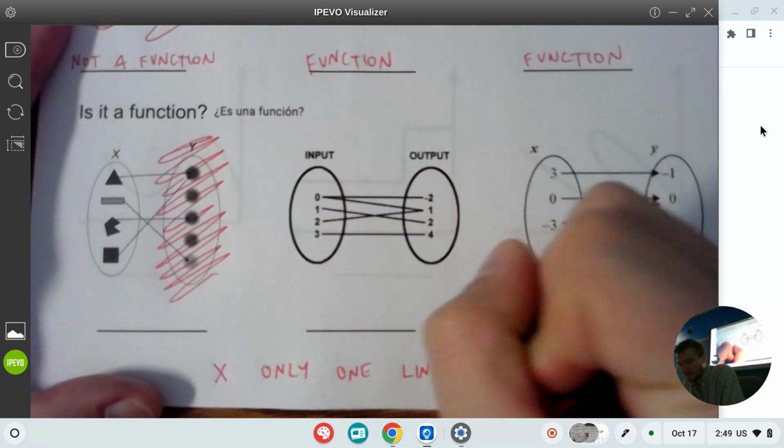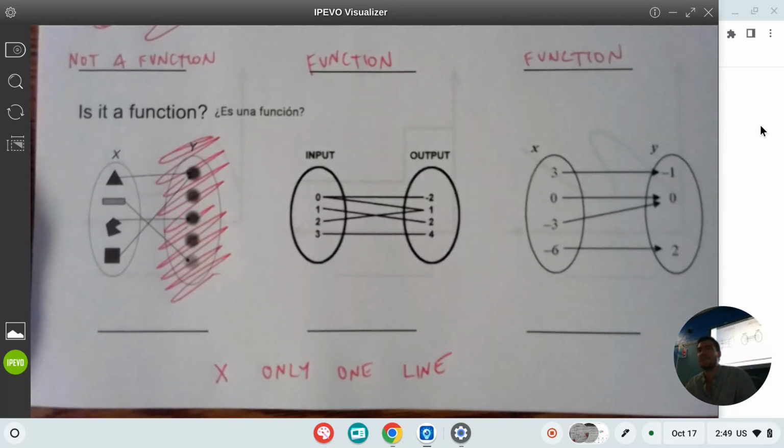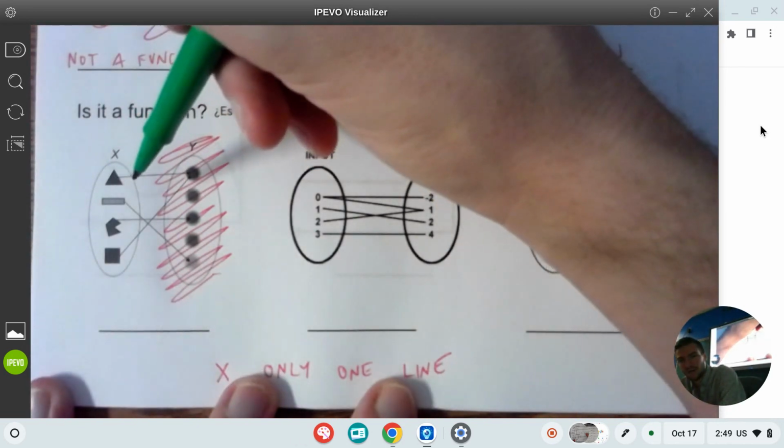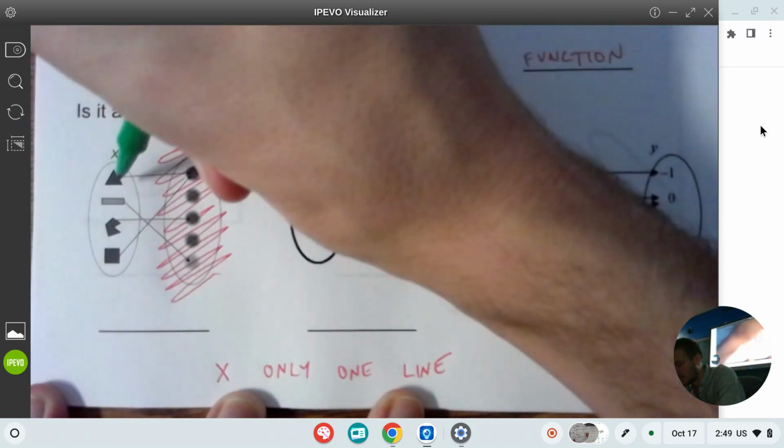It's the same rule. X's cannot repeat, but for these map questions where we have lines, you can't repeat lines either.